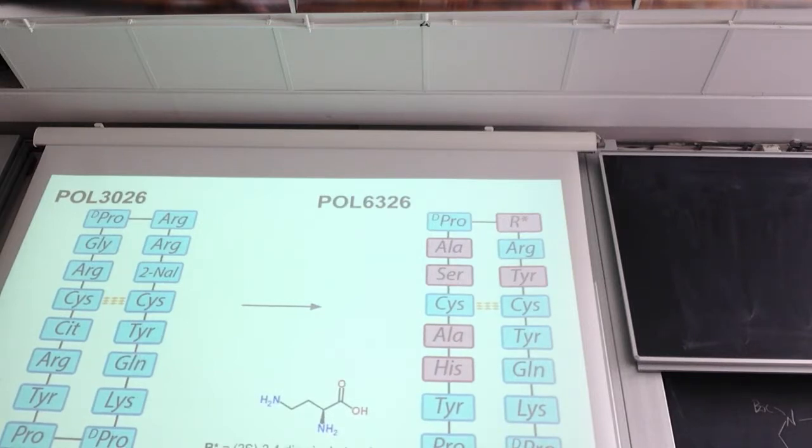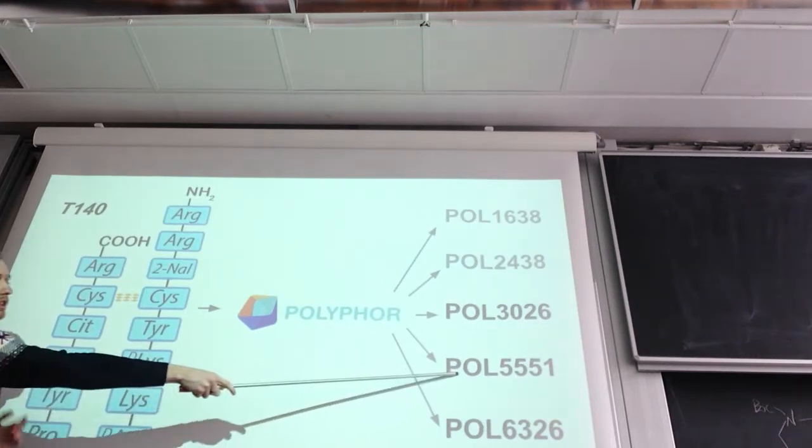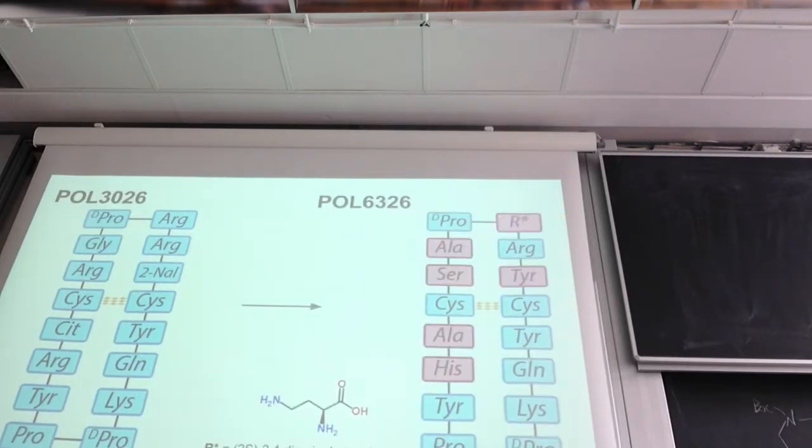Unfortunately, the structure of POL5551 is unknown. There are a lot of articles about that compound, but the structure is unknown. I have contacted the Polyphor scientists for the structure of the molecule, but nowadays they are discussing whether to send the structure to our group or not.